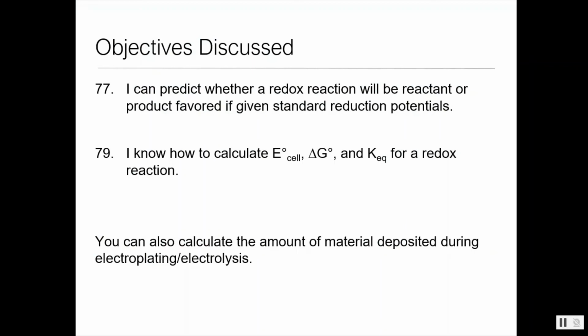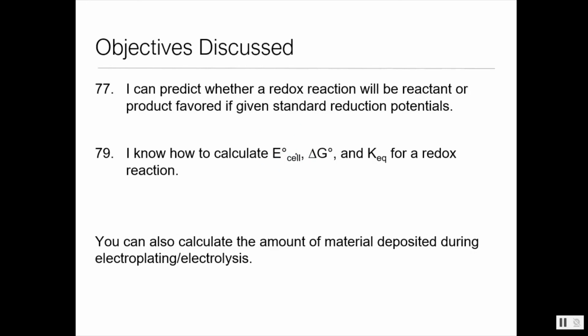So from this recording, you should be able to look at either free energy or your K value, your equilibrium constant, to figure out the sign of your potential on your cell, so the voltage of your cell.